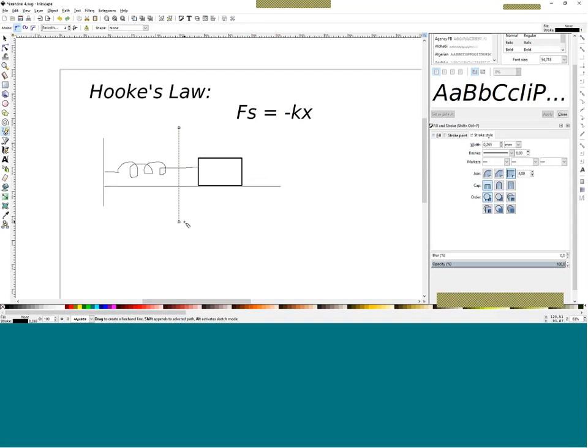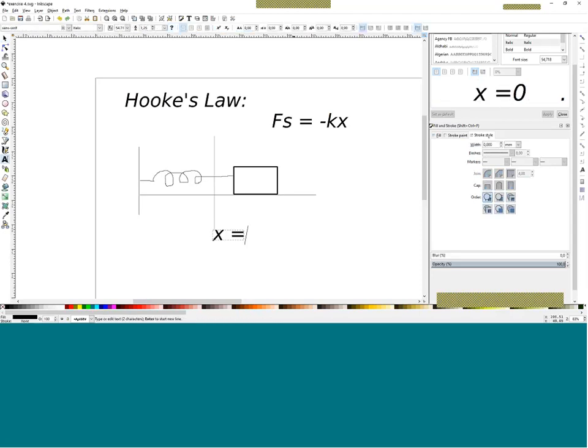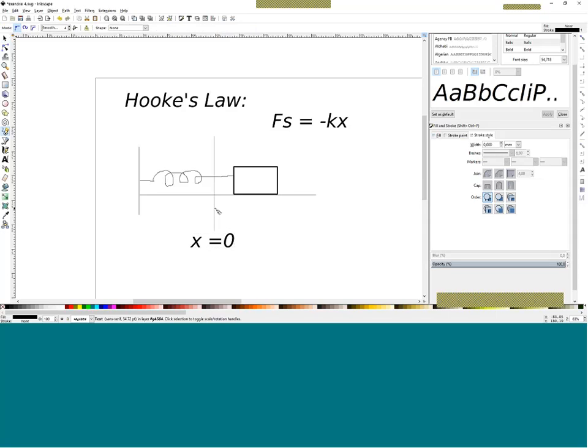Okay, so if I represent the null point, just in case anyone is confused, here as my null point, which is equal to 0. Can anybody tell me how I would determine the force, or what the force is, if I move the object to the right 2 meters?